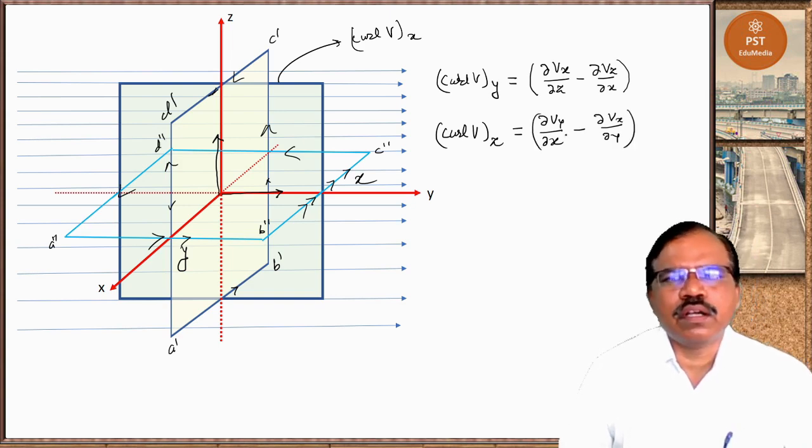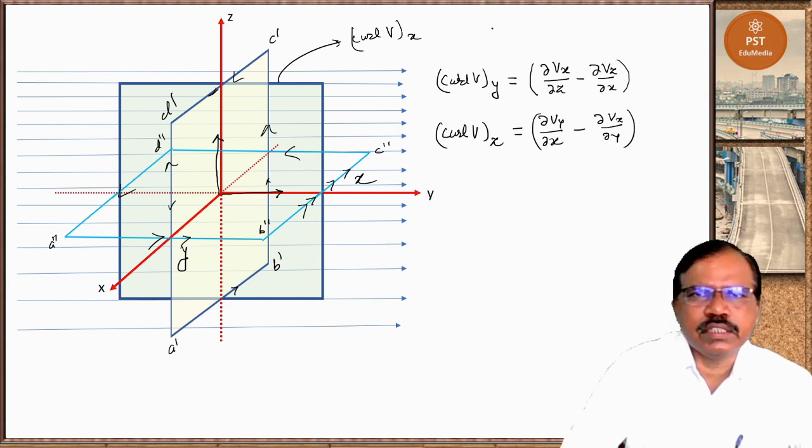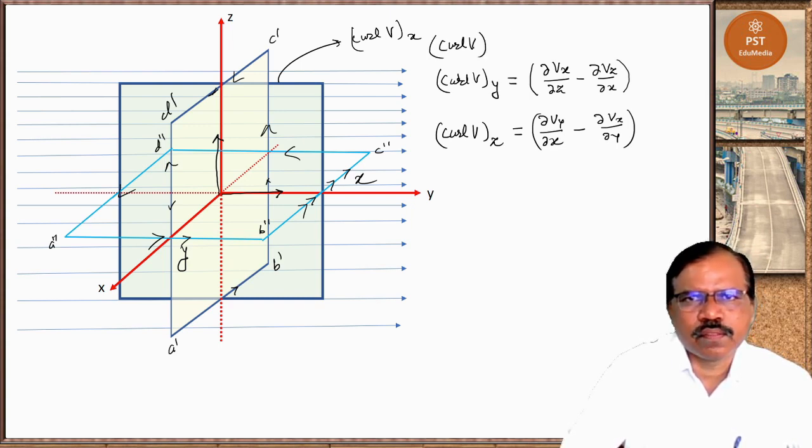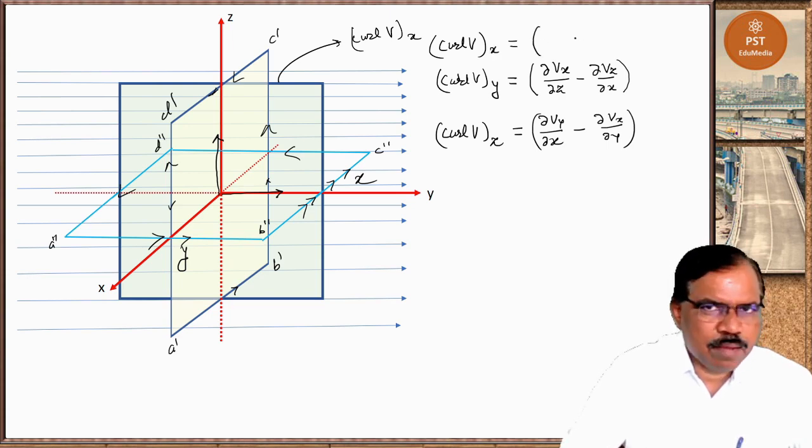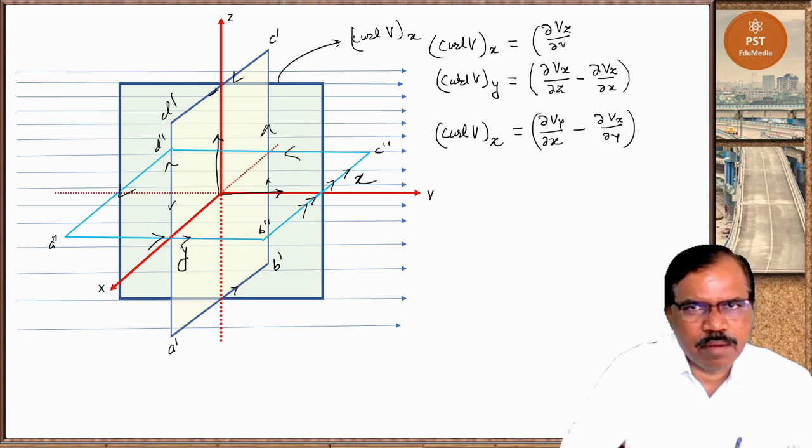So we have curl Vx, just as we have seen, that is ∂Vz/∂y minus ∂Vy/∂z.